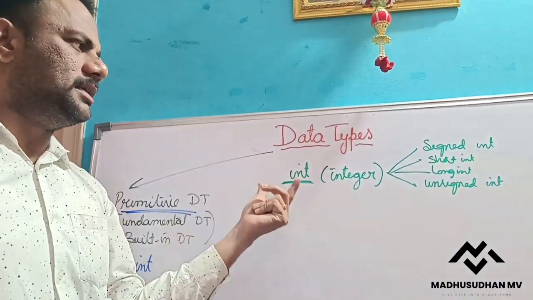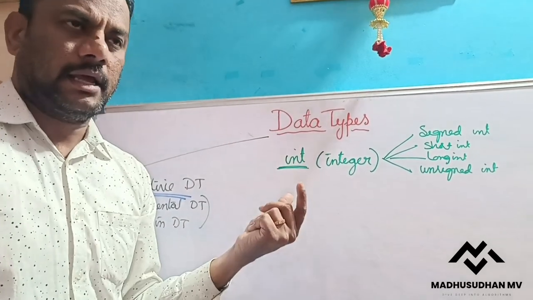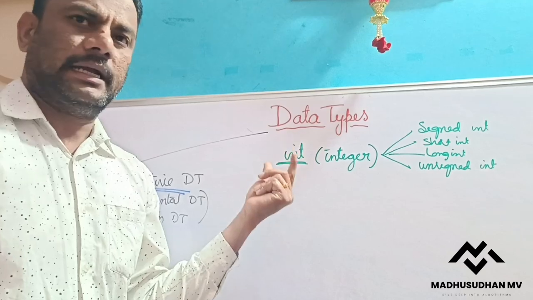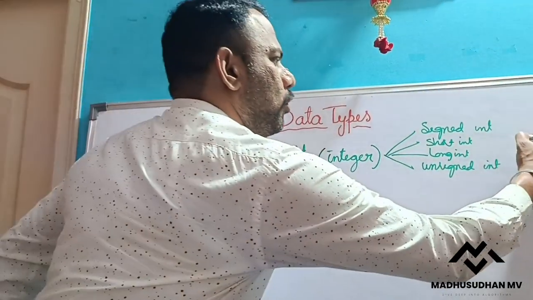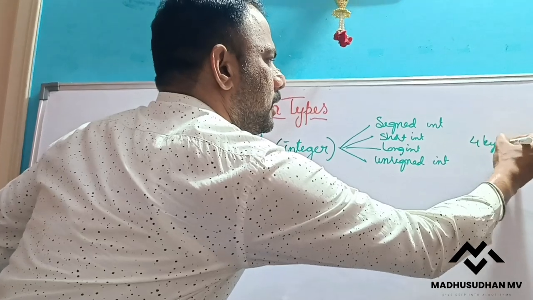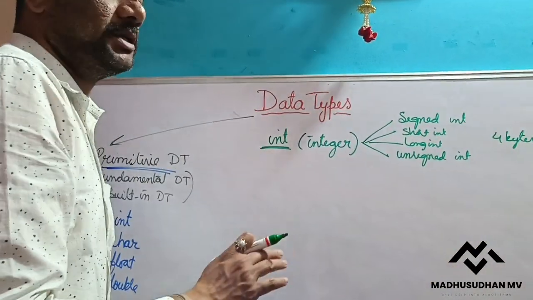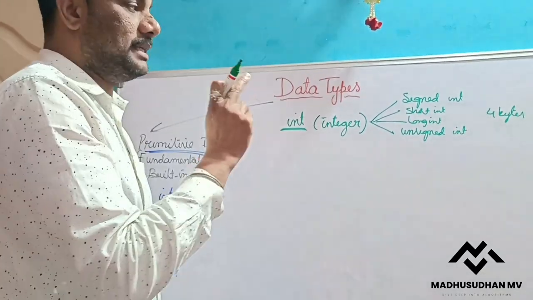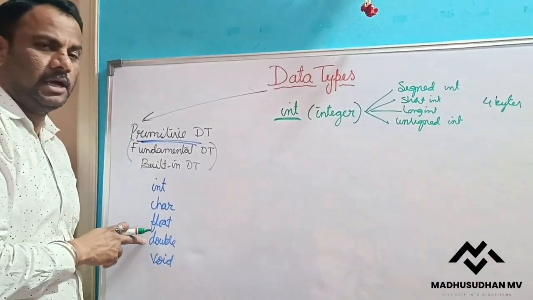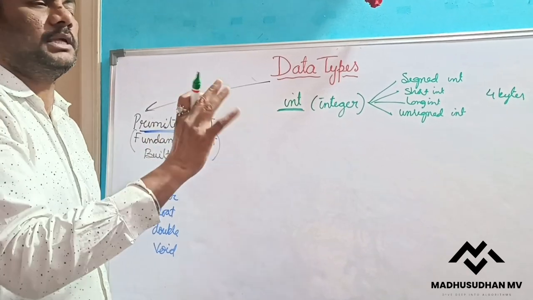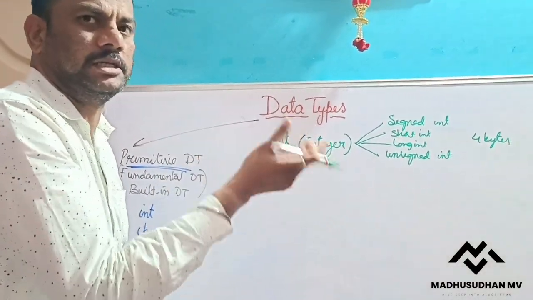The size: if we declare a variable as an integer variable, then our compiler will allocate 4 bytes of memory if your machine is a 64-bit machine. The size of the integer, the size of the floating point, the size of the double keeps varying based on the number of bits of the machine, whether it is a 64-bit machine or a 32-bit machine.